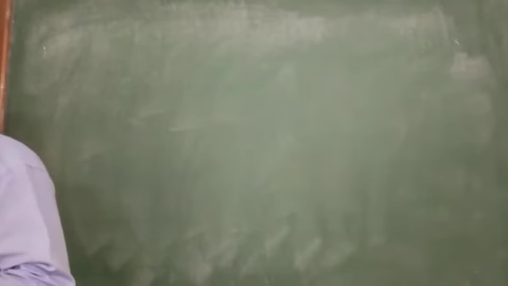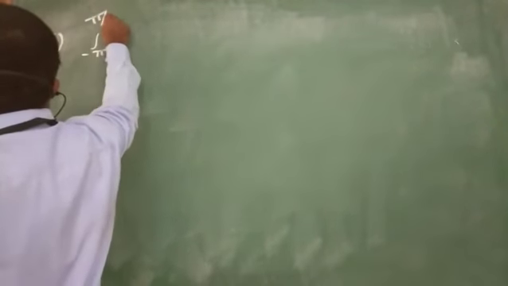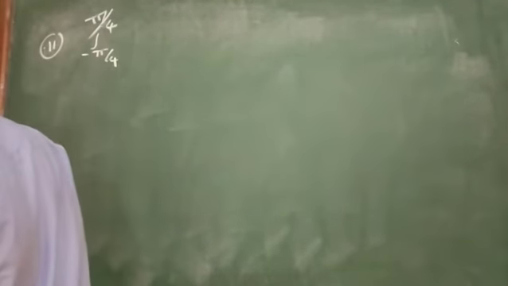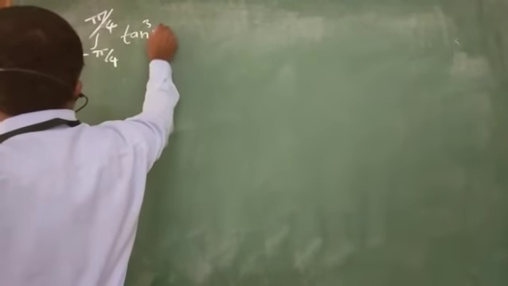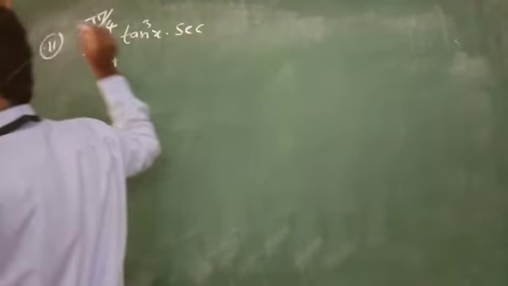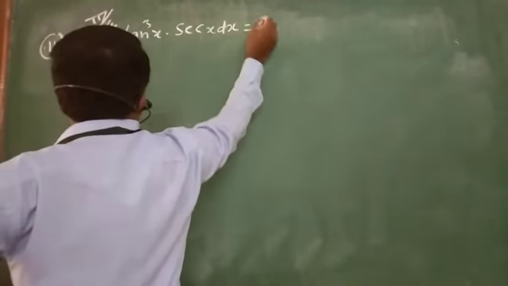Last question, that is integration minus pi by 4 to plus pi by 4 tan cube x into sec x dx equal to dash dash dash.